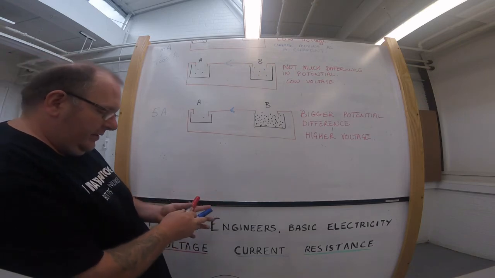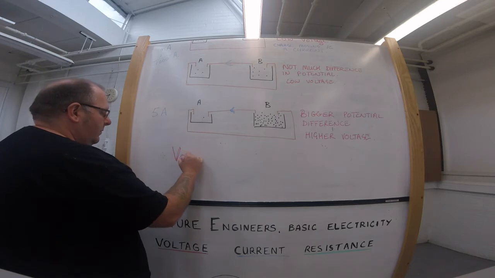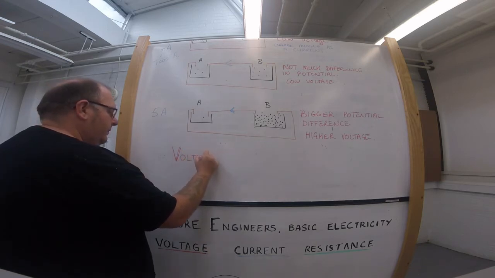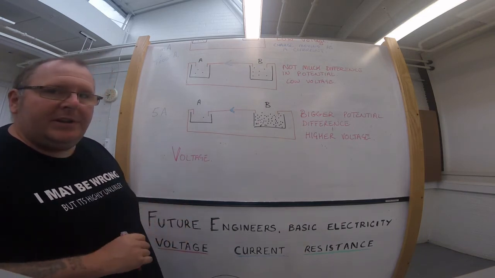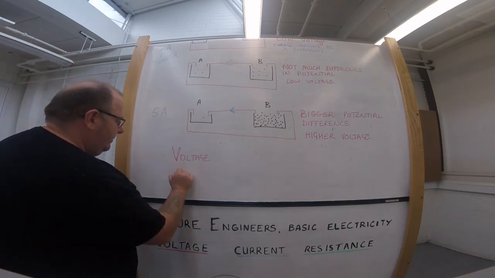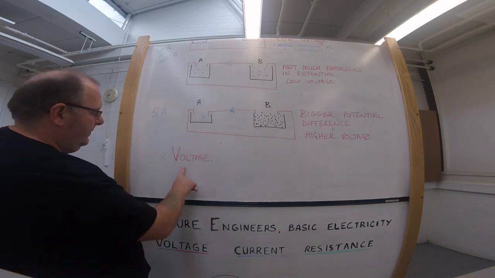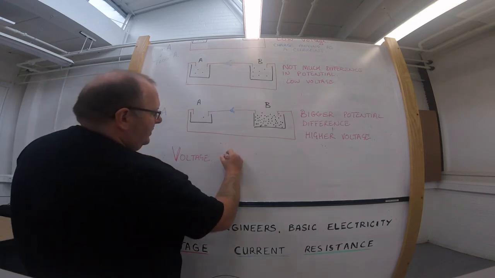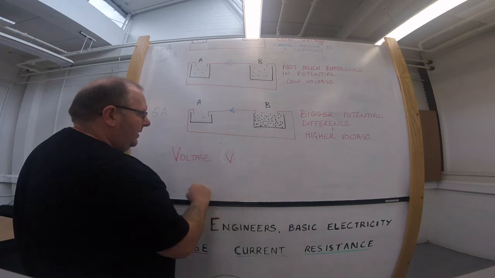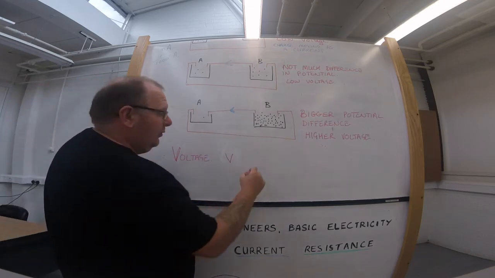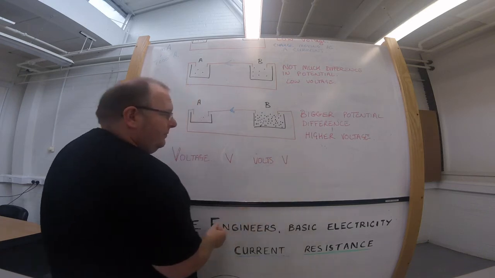So, voltage sometimes gets the symbol E. I think we'll just stick to using the symbol V though. So voltage, symbol V, and it's measured in volts, which is also a V. That's handy.